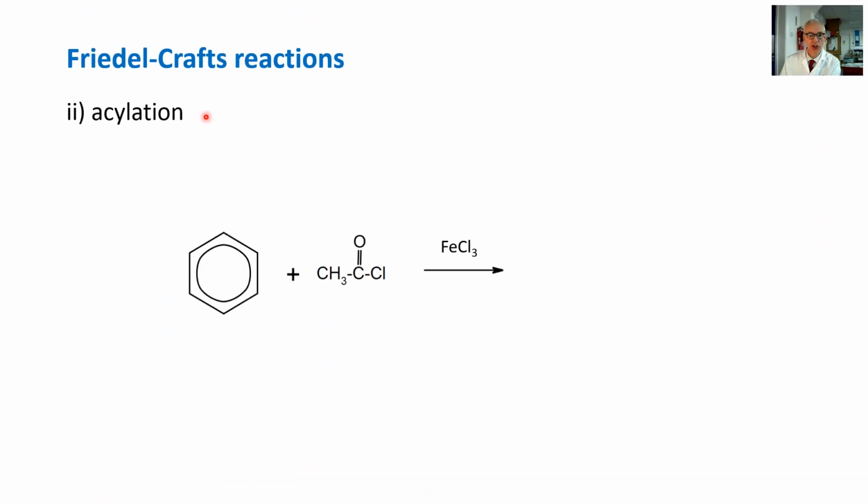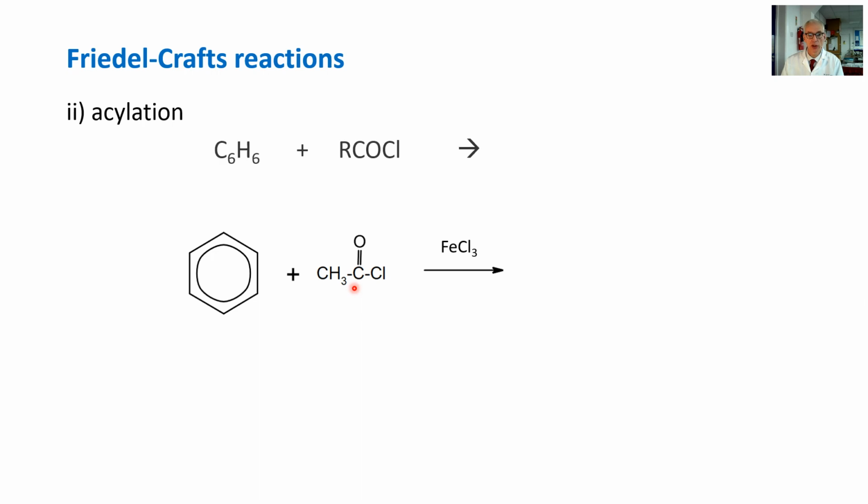So acylation, you're going to add to the benzene ring not a saturated carbon chain, but a carbon-oxygen double bond, an acyl group that is then bonded to an alkyl group. So we've got an acyl chloride, and we're going to get rid of the chlorine and bond directly between the benzene ring and the carbon of the carbonyl group there.